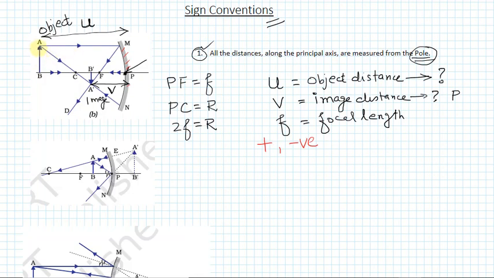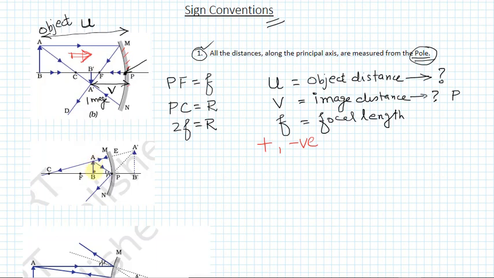So from the object, when the ray is going towards the mirror, sure enough, this is the direction of incident ray. The incident ray will always go from object towards the mirror.